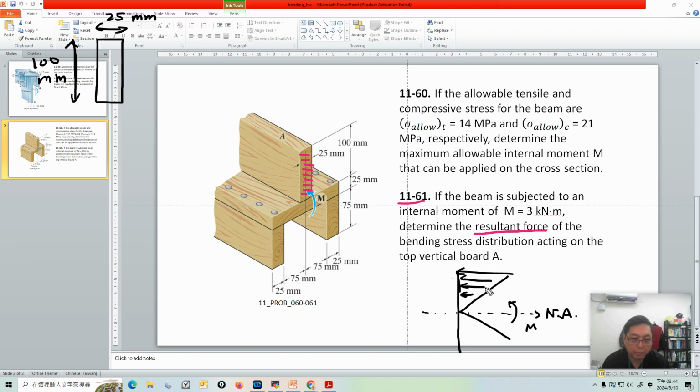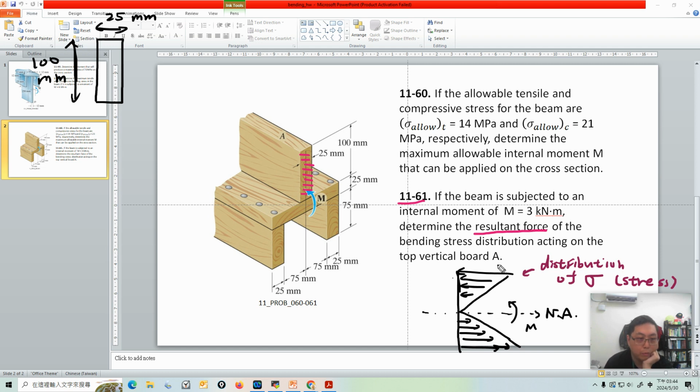If this moment, up is compression and down is extension. So you see here is a distribution of the bending stress.